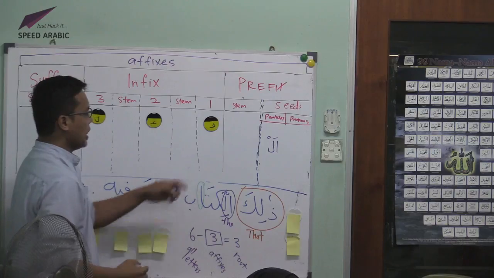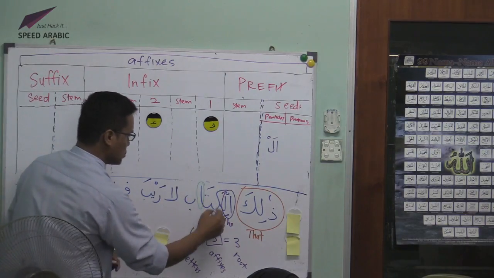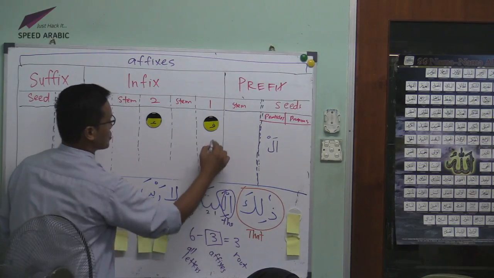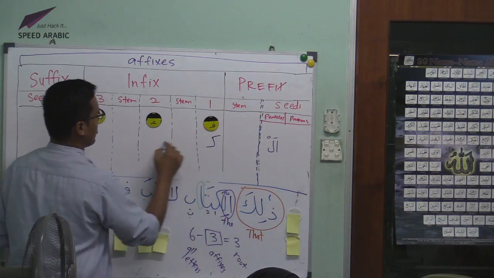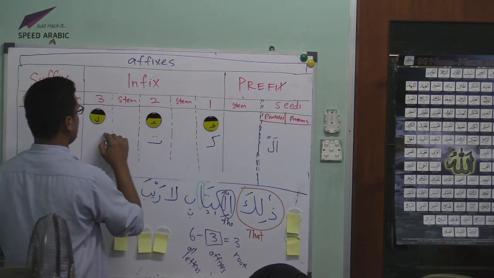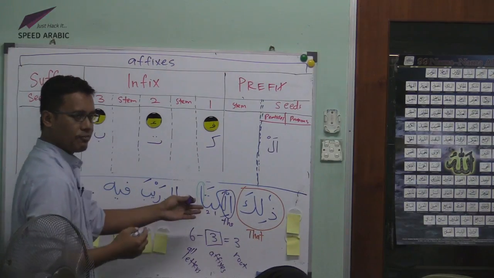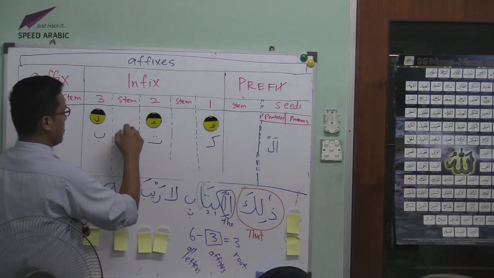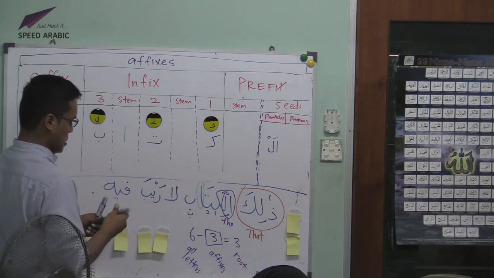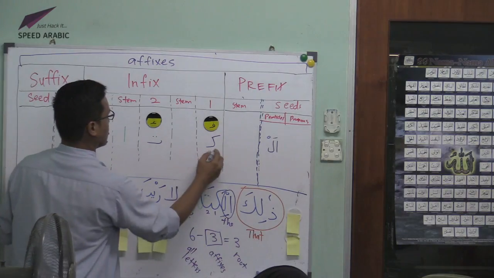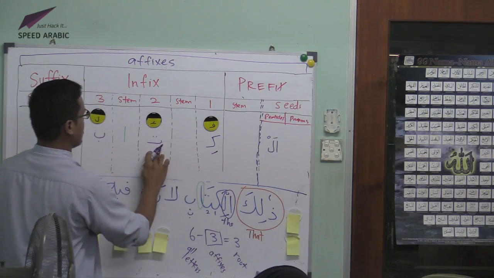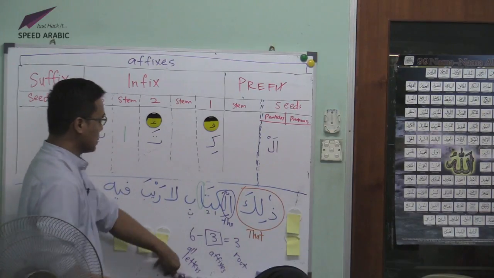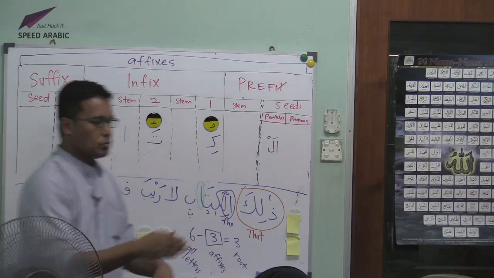And then the roots, of course, you have this tree. The root is kaf, ta, ba. Where is the alif? After ta. So this is the stem. So you have Dhalikal Kitab. That is step 2.